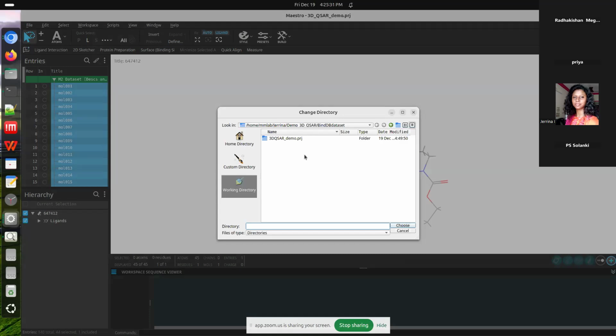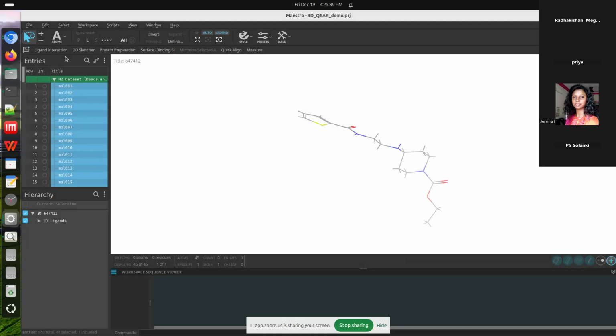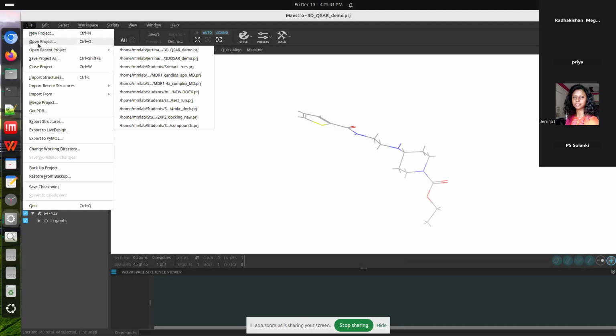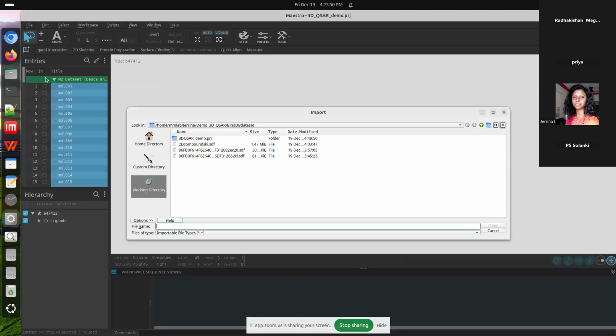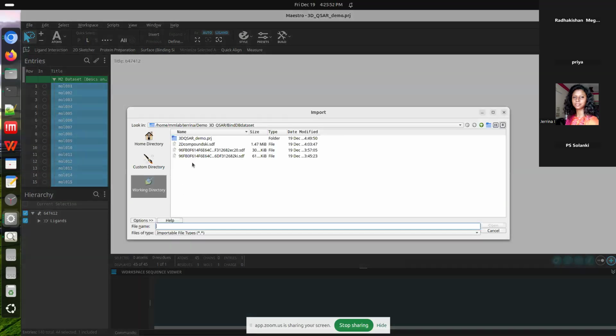You can move to the place where you want to save the files, choose that, and come back. After you choose the directory, you have to import the structures from where you have saved the data set.